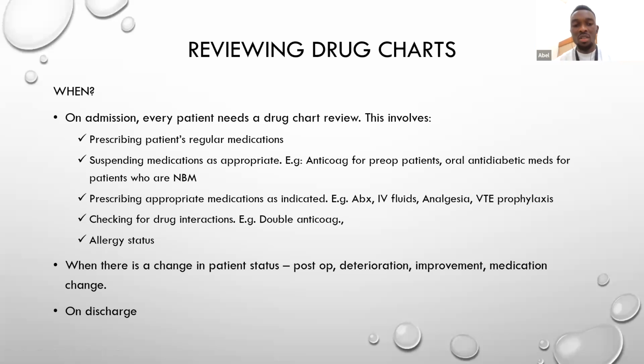Some trusts, like my trust, have what we call bundles and protocols that we prescribe to some patients. So there can be some medications in a particular protocol that might be contraindicated in some patients, just because maybe they're taking another medication that might interact with that medication. So that's why we need to review the drug chart.